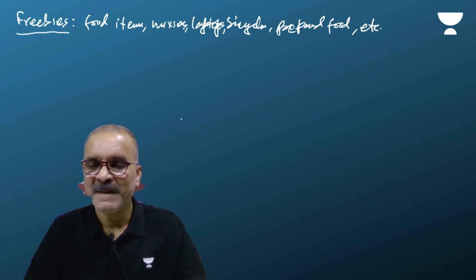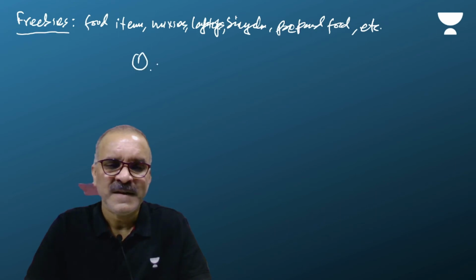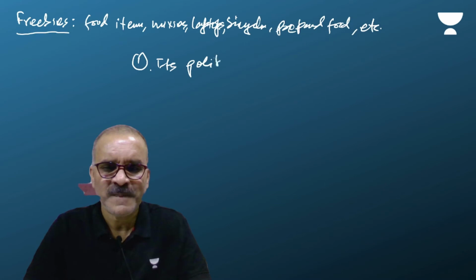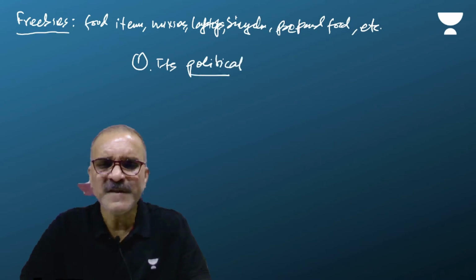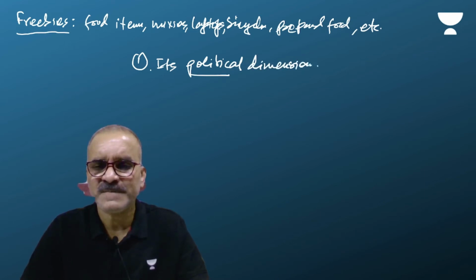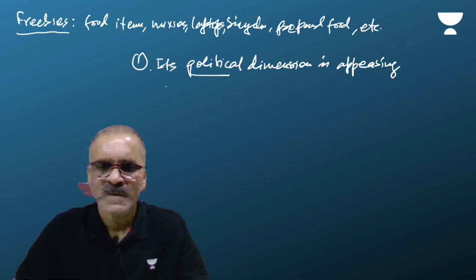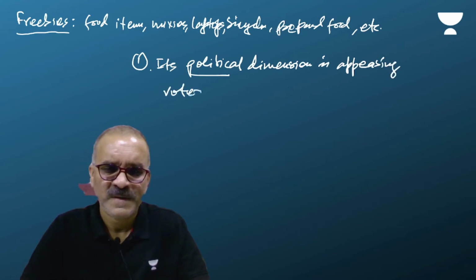Clear? Now the problem is that freebies basically have two dimensions. It has its political dimension, and it is very easy to understand what its political dimension is. Its political dimension is appeasing voters, vote bank.